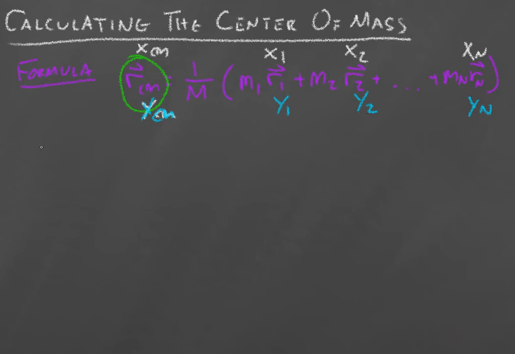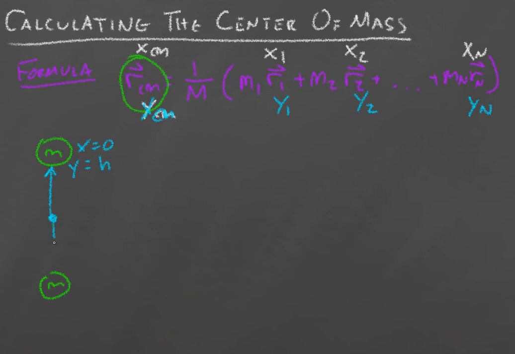So for example, I can have one mass located at x equals 0 and y equals h.